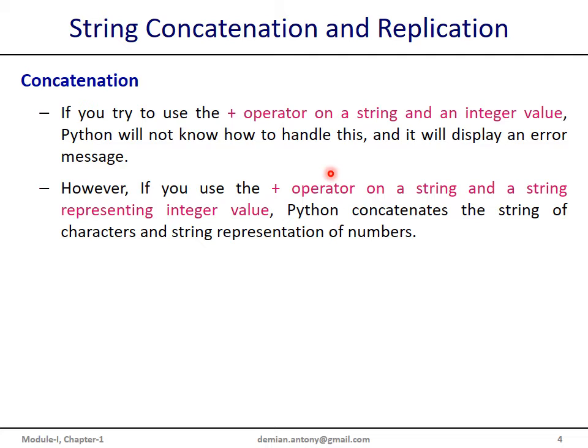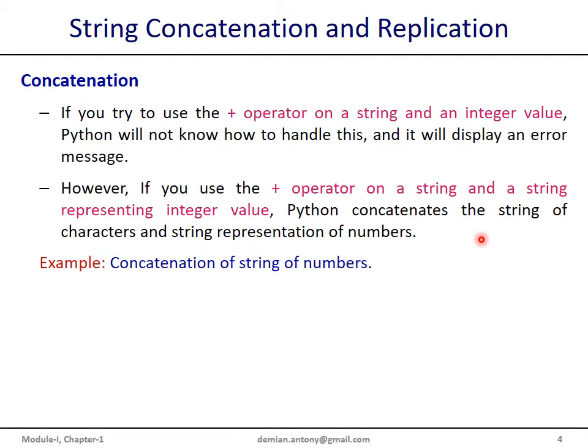However, if you use the plus operator on a string and a string representing the integer value or floating point value, in that case Python concatenates the string of characters of the first operand as well as the string representation of numbers.